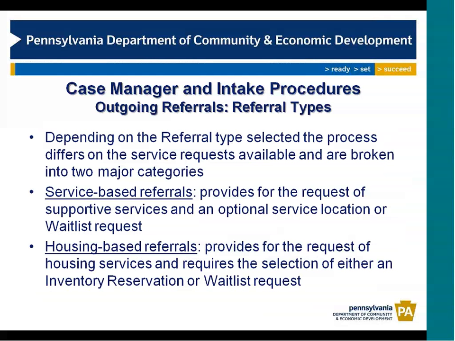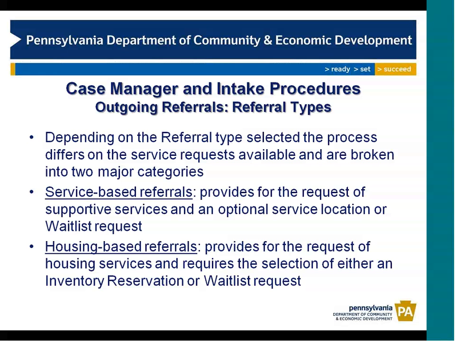Now, depending on the referral type selected, the process differs on different service requests that you can add to the actual referral after all those data elements are done. They're broken into 2 major categories. Referrals are either service-based, which provides for the request of support services and allows some optional features, like requesting a site location or even a waitlist request.